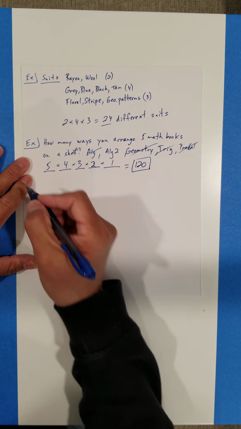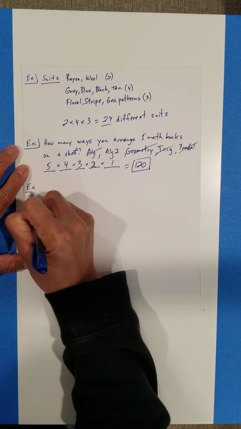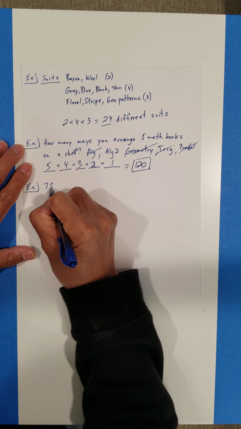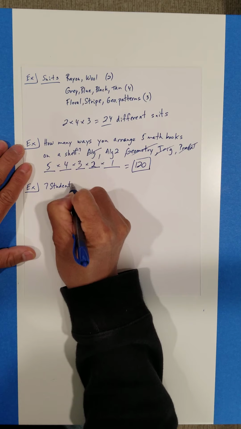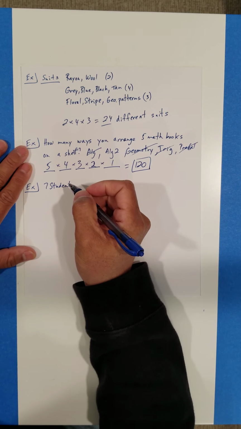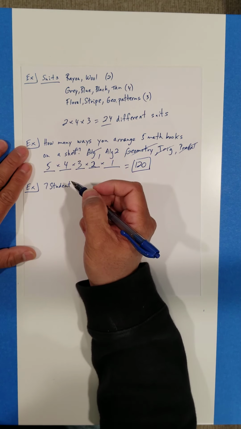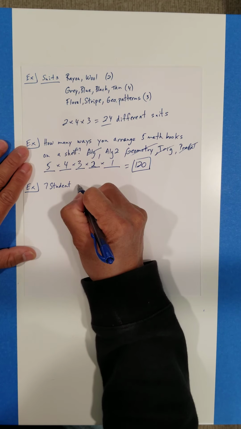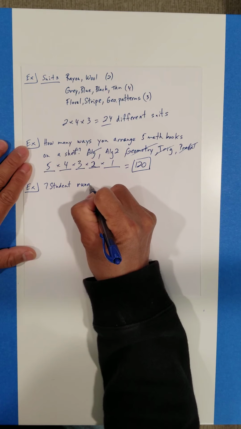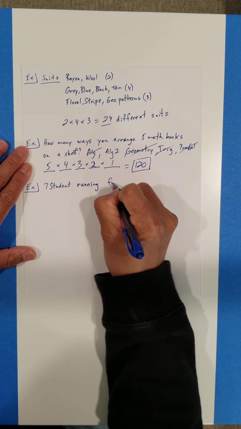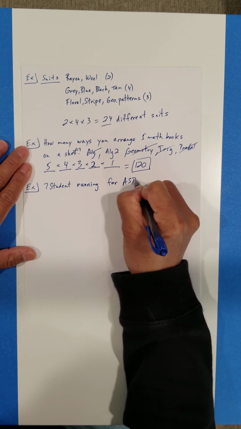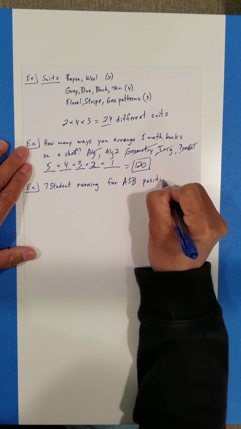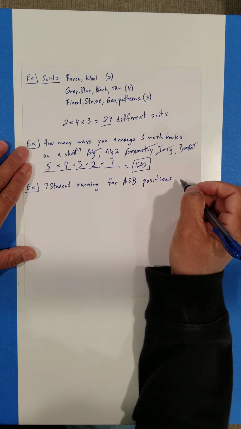All right, so next example, let's say there are 7 students in a presidential race, running for, let's say, ASB positions.